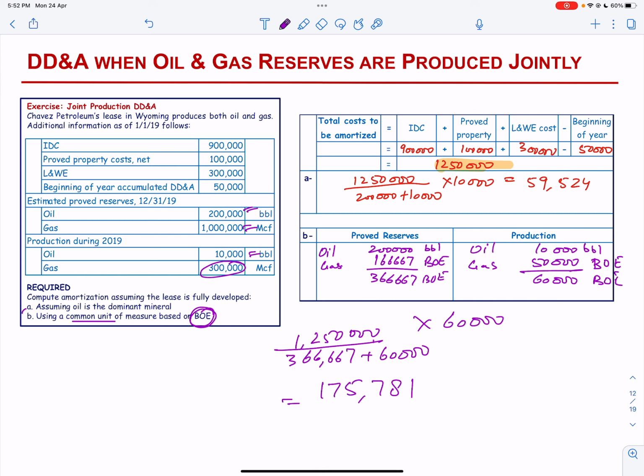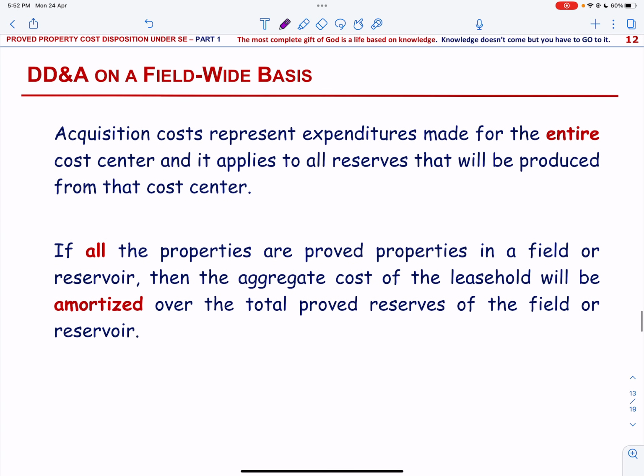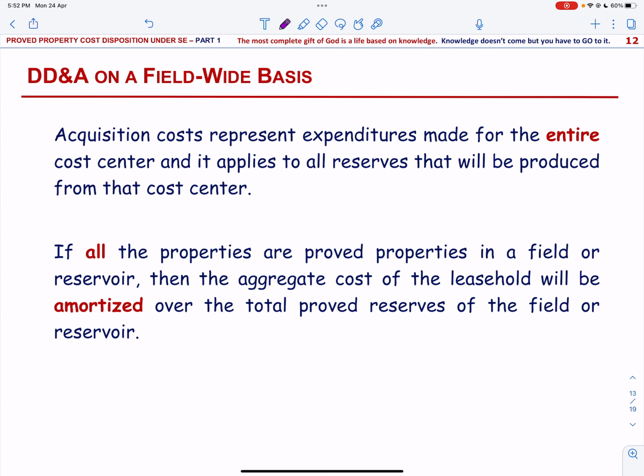Okay, so we have done both of them in this case. And next, let us talk about DD&A on a field-wide basis. Now, acquisition costs represent expenditures made for the entire cost center, and apply to all reserves that will be produced from that cost center.